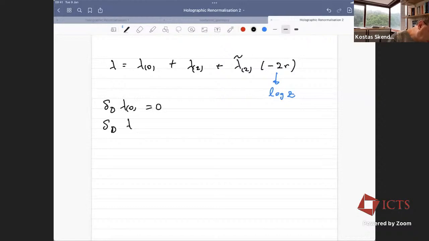The transformation of lambda 2 would be minus 2 lambda 2, which is the expected behavior. But this will also have an anomalous piece.